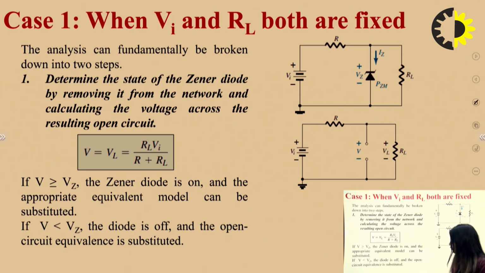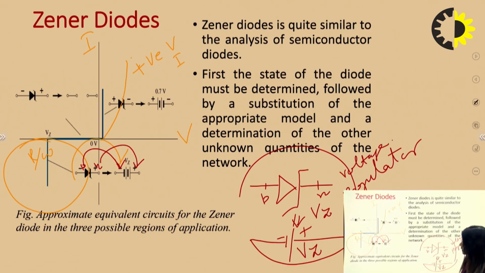As I told you, in reverse bias, either it is staying calm, or if the reverse voltage exceeds Vz, it is not in the calm condition. It will switch itself and convert into a battery of Vz with reverse polarity, as I explained.